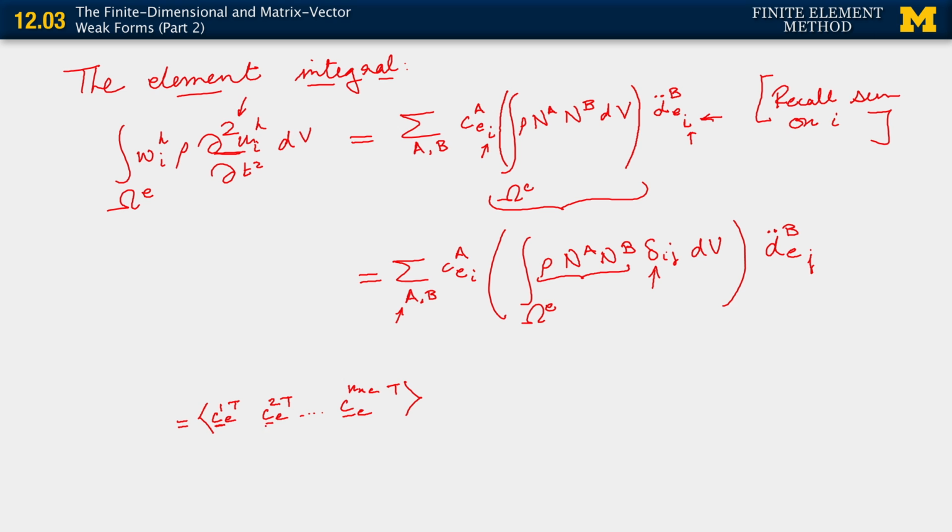This one, for instance, C2E transpose is simply C2E1, C2E2, C2E3. All of that now multiplying some big matrix, which makes up our mass matrix.